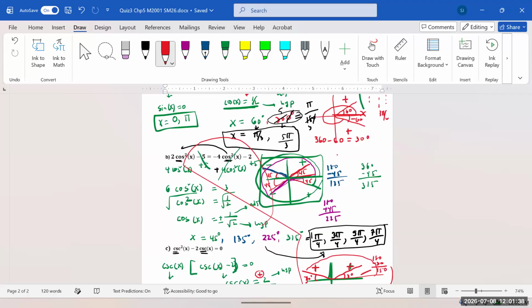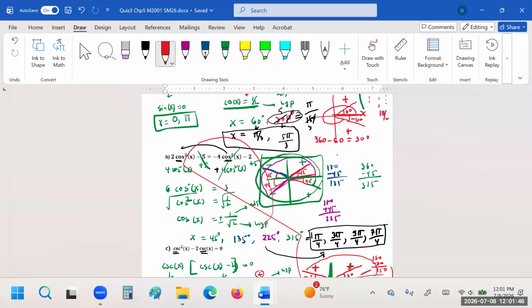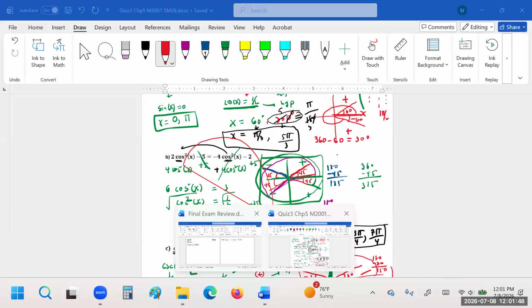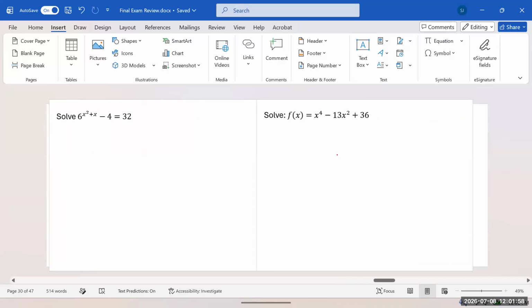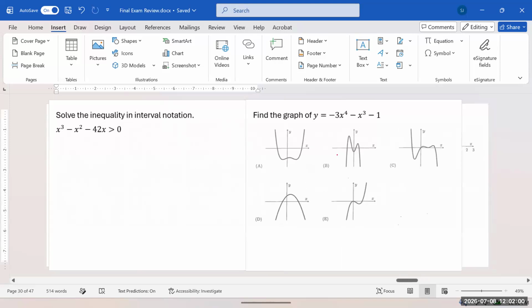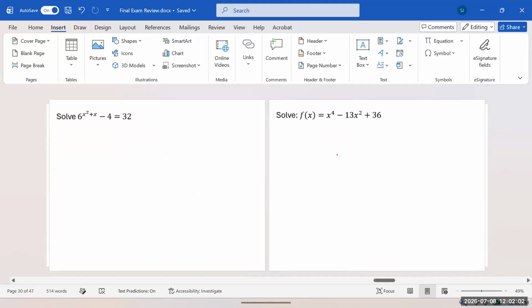So trigonometry is almost half of the exam. So if you're bad at trigonometry, good luck. Okay, so yesterday we did chapter 1, and today we're going to do chapter 2 and 3, about 1/3 of the exam, I would say.